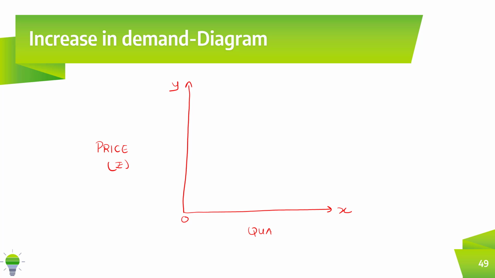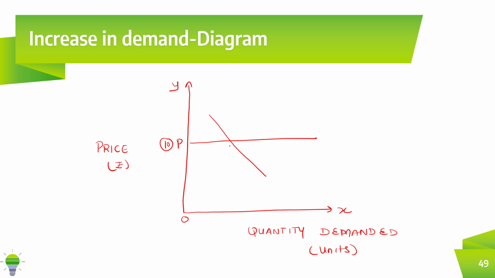Over here I am showing quantity demanded, that is in units. Now price remains constant. Supposing the price of the product is 10 rupees. At this price only, earlier the consumers were demanding 50 units, that is quantity Q, and now the consumers are demanding more, that is 80 units, that is quantity 1.